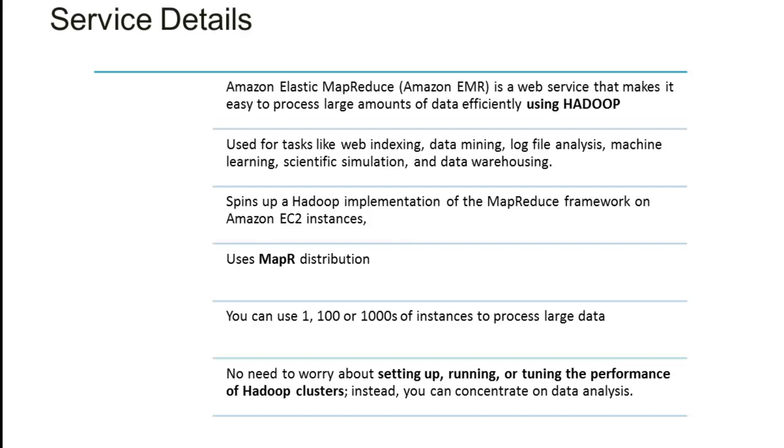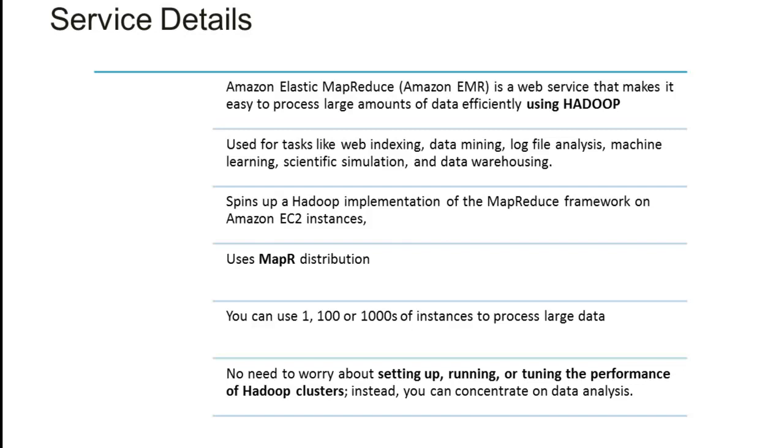The biggest problem it solves is that there is no need to worry about setting up and buying. Basically, first comes planning, talking to the vendors, thinking about a specification, buying the server, setting up, connecting to the network, making sure it is running properly, starting up, tuning the performance of all the clusters. All of that is taken care of by the AWS cloud itself, or the EMR service, which is called Amazon Elastic MapReduce service.